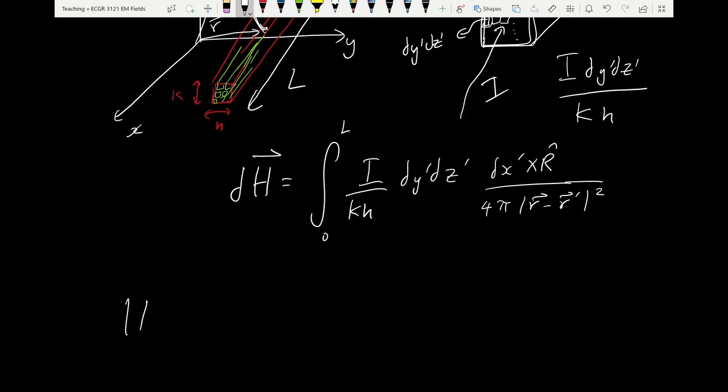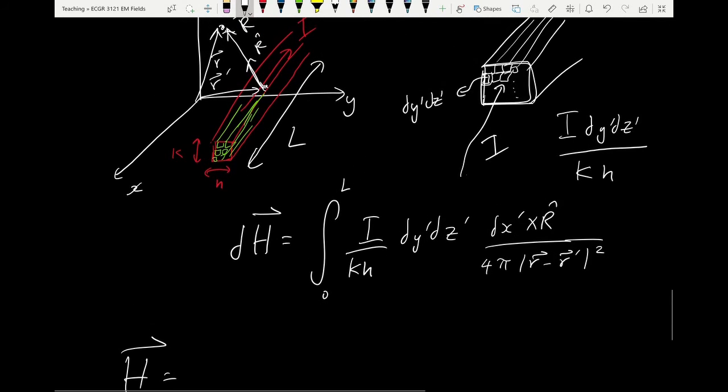The whole field, the complete field, now is going to be a triple integral, right? So we want to integrate over all the filaments, but the filaments are spread across a cross-sectional area, right? So we have to integrate over two variables, over y prime and z prime, to get the total, to sum up all the filaments. Right?